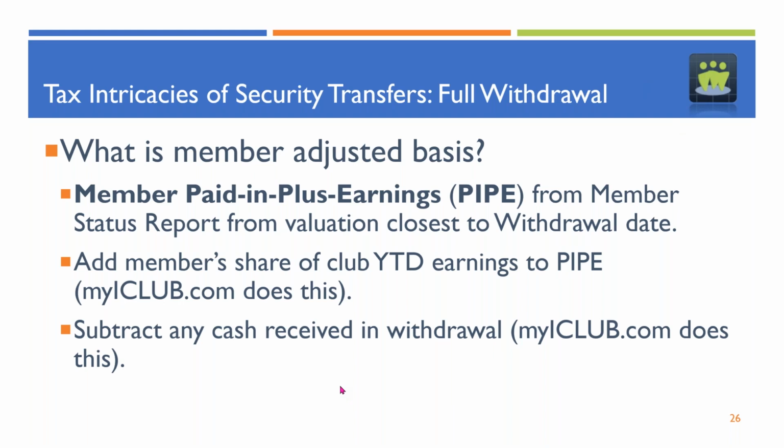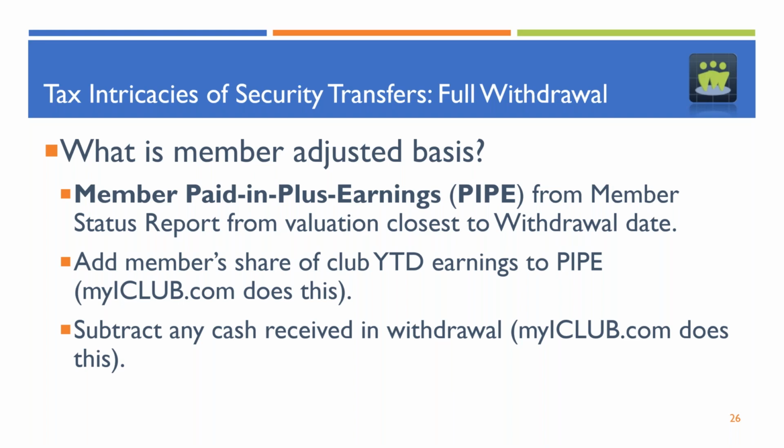We mentioned the member's adjusted basis in the club. So what is that? Well, it's what the member paid in plus earnings. In my iClub, that column on the member status report, paid in plus earnings, is their cost basis in the club. So you look at a member status report from the valuation closest to the withdrawal date, and then you add that member's share of the year-to-date earnings from the club, and that gets added to their paid in plus earnings.